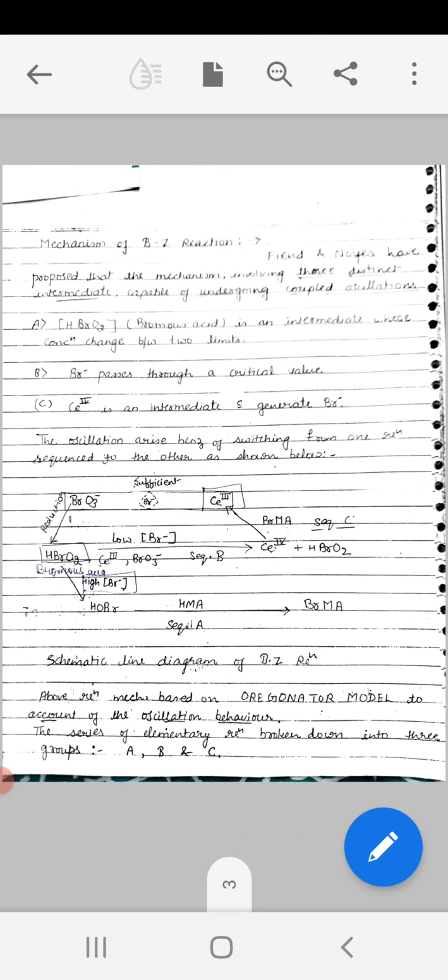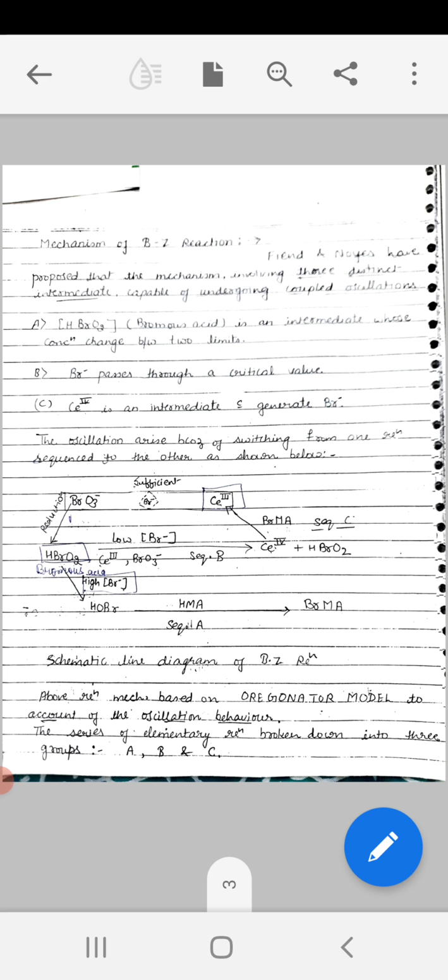Mechanism of the BZ reaction. Field and Noyes have proposed a mechanism involving three distinct intermediates capable of undergoing coupled oscillations. First is HBrO2, bromous acid, an intermediate whose concentration changes between two limits.